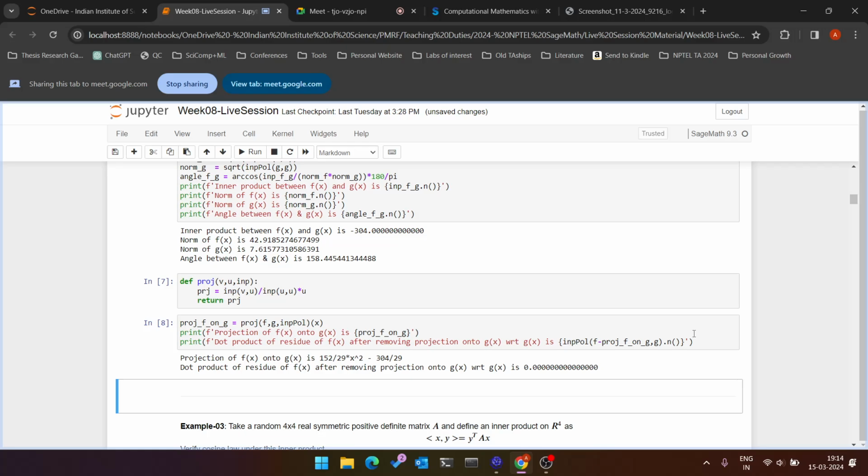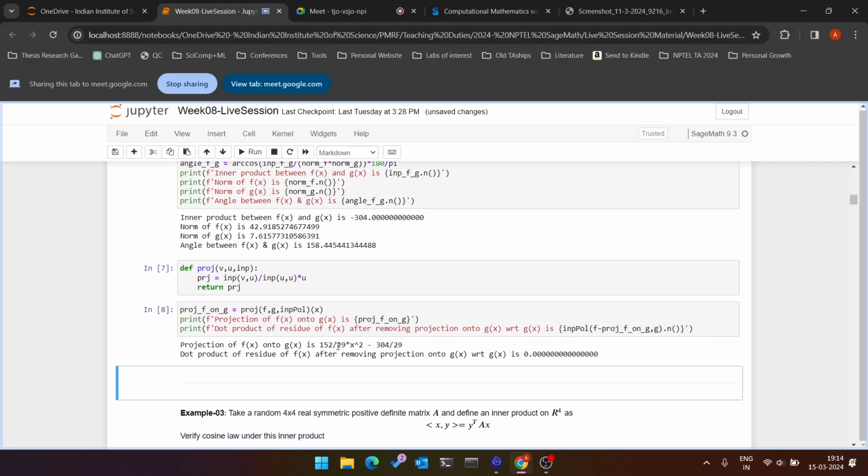If I run this cell, I see that the projection looks like 152 by 29 x square minus 304 by 29, and the dot product of the residue of f of x after removing the orthogonal projection is, as expected, 0.